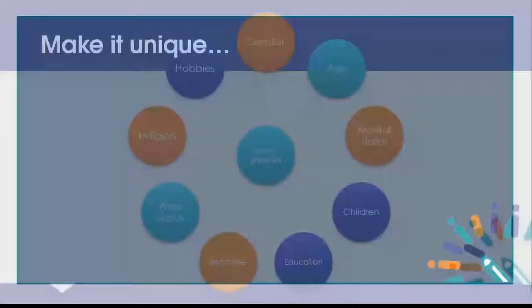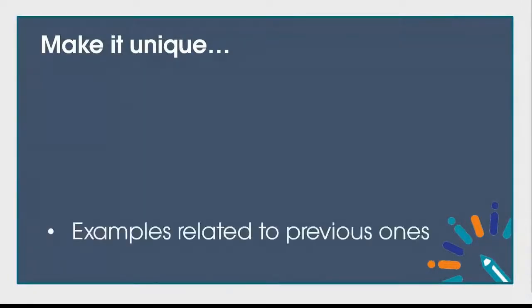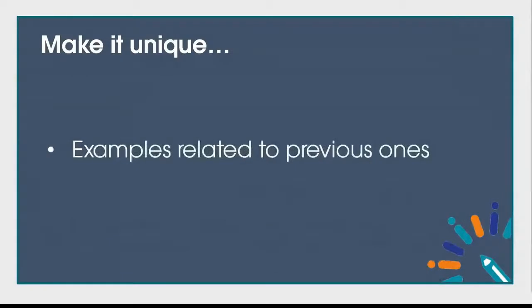And pausing again here, we're going to look at how to make this particular bit unique. And again, a lot of it is about examples. And if you stick with one scenario throughout, like I did, I picked that moms who were professionals before and are getting back into the workforce, and they want to start an online business.